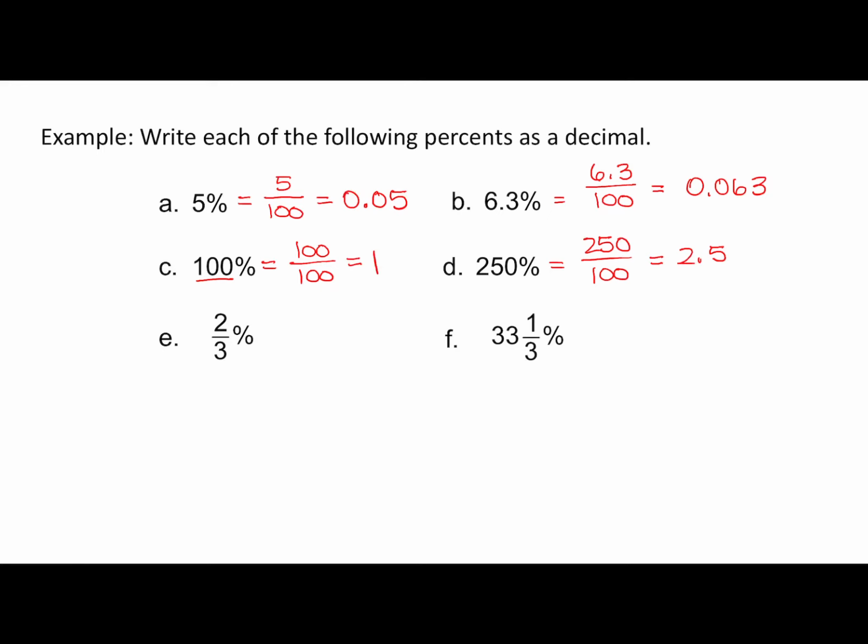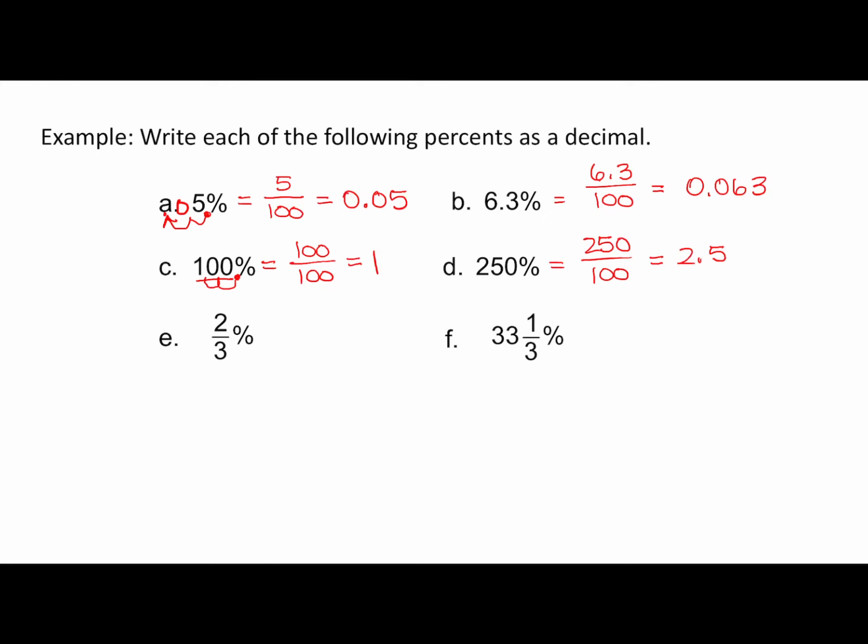All right, so you should recognize the trick that we have here for converting from a percent to a decimal. The trick is to take that decimal place now, and instead of moving 2 places to the right like we were doing on the last slide, we're going to move it 2 places to the left. Okay, so that's what gave me the 0.05 here. Here's my decimal in 100%.